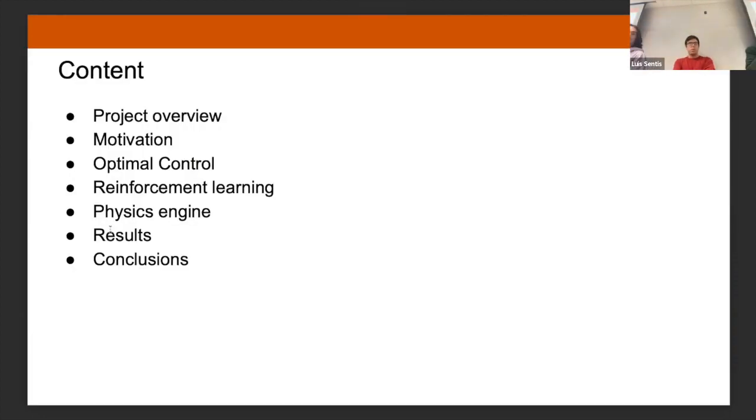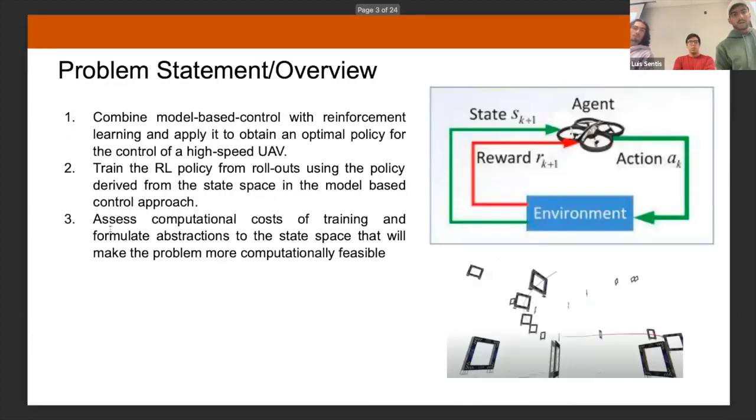So this is our basic layout. Our problem statement is basically to combine a model-based optimization approach with a reinforcement learning approach, and then use the solution from the model-based approach to get better convergence for RL.